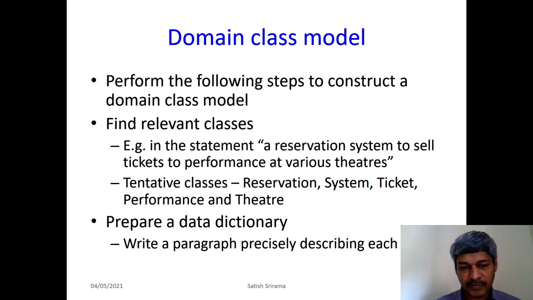It would be iterative development eventually, so you will be visiting these class models again and again. Assume you are in the middle of the implementation phase and, for some reason, you want to visit back; you should not forget all the things. So you need proper documentation, a data dictionary with precise paragraphs describing each and every class.